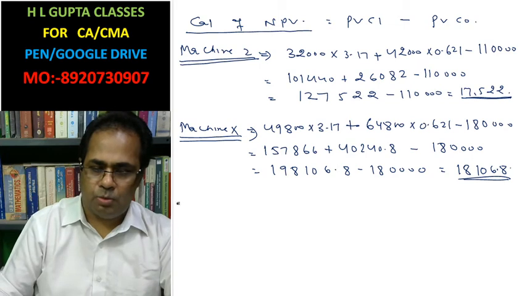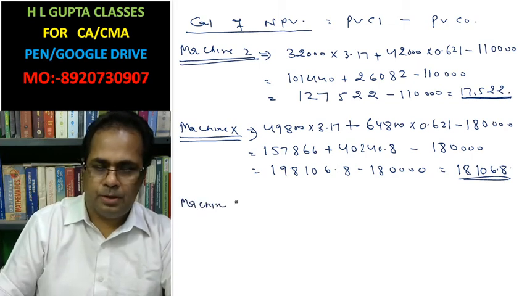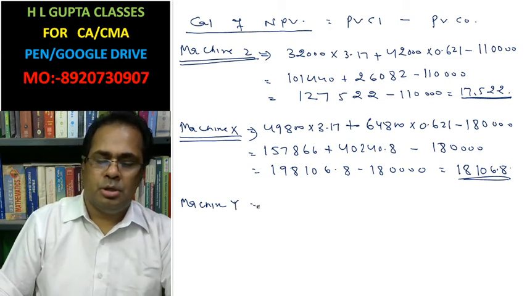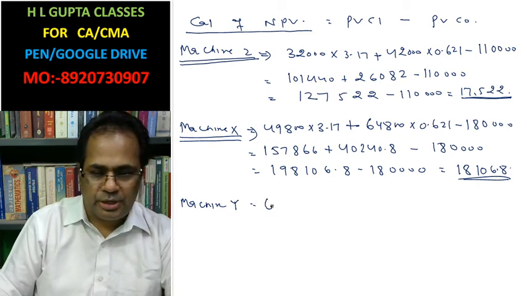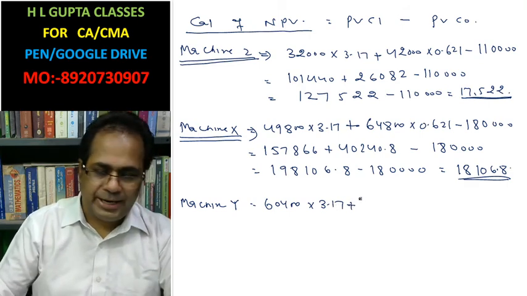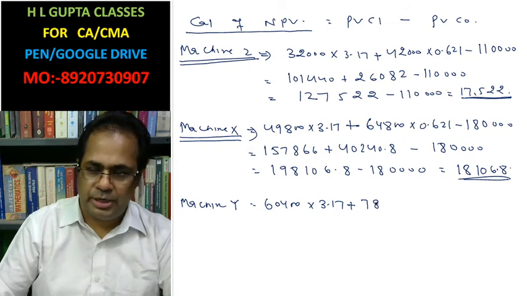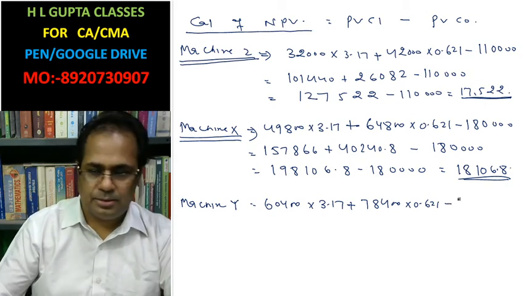Okay. Now machine Y. Operating cash inflow for machine Y is 60,400 into 3.17 plus terminal cash inflow 78,400 into 0.621 minus 2 lakhs.